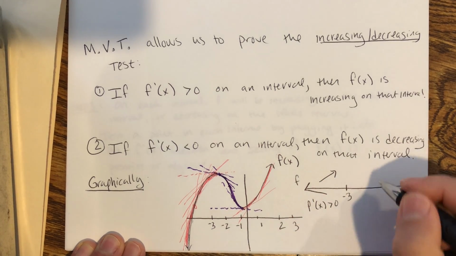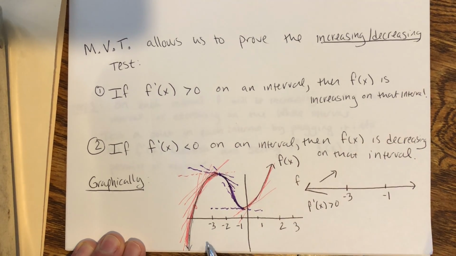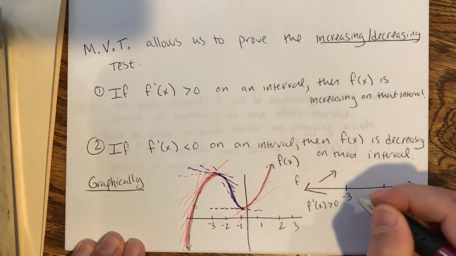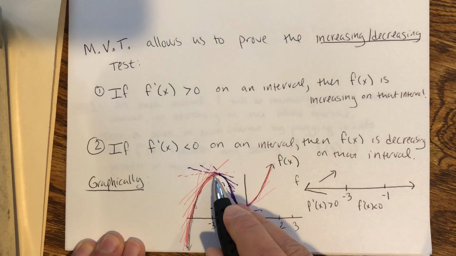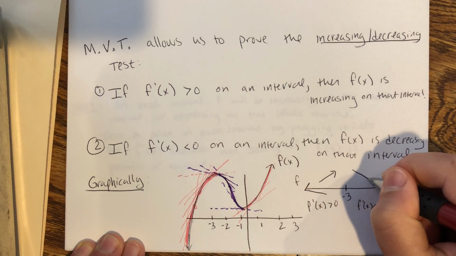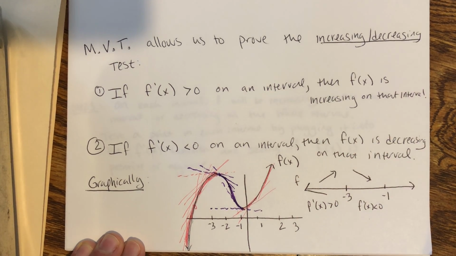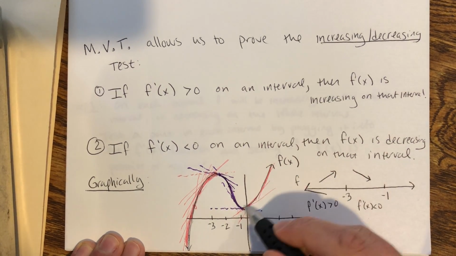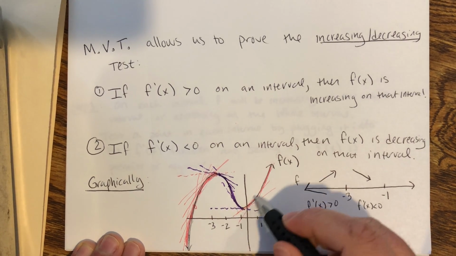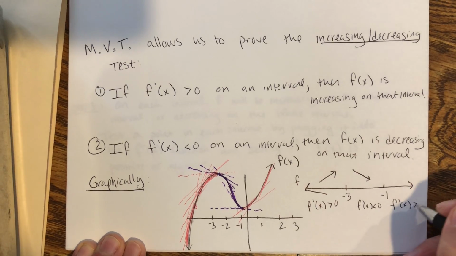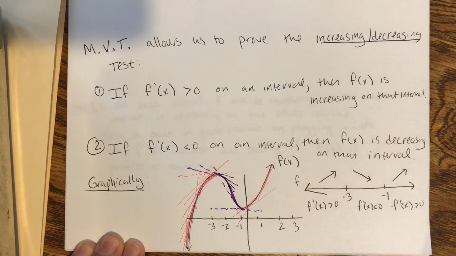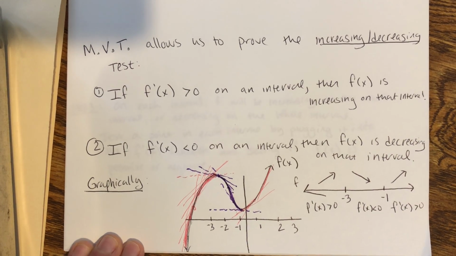Then between -3 and -1, the derivatives were negative, right? The slopes of the tangent lines were less than 0, and the original function itself was decreasing. Then finally, from -1 to infinity, the slopes of the tangent lines were positive, so f prime was greater than 0, and your original function f was increasing again.